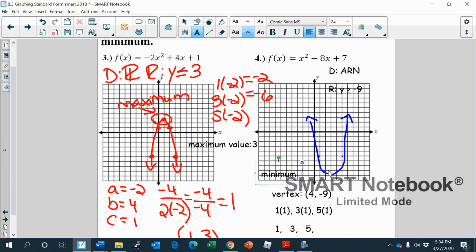So this vertex is the lowest point on the graph. Our minimum value would have to be the y value of the vertex again, which is -9.